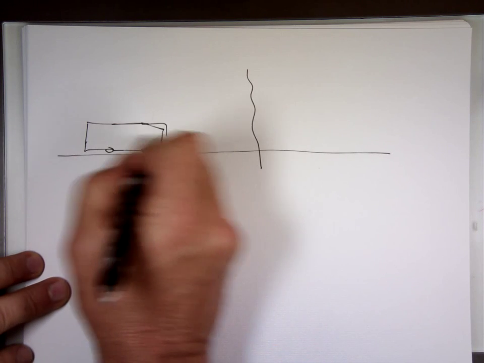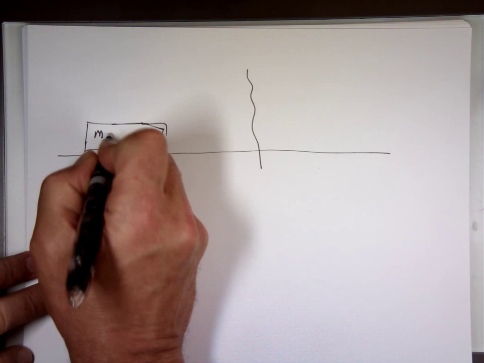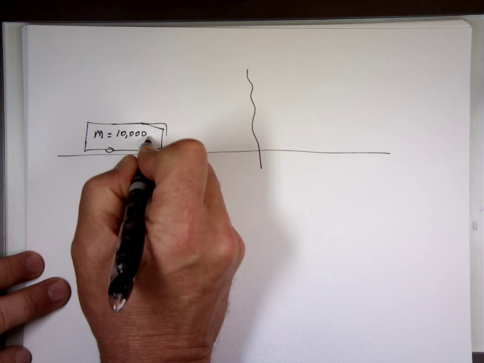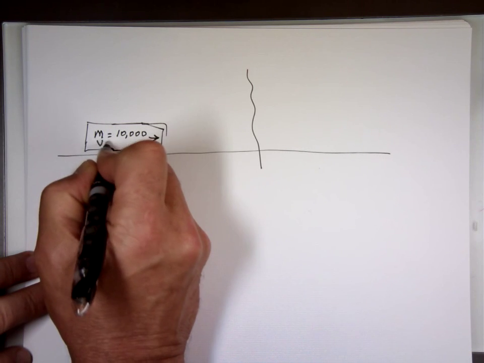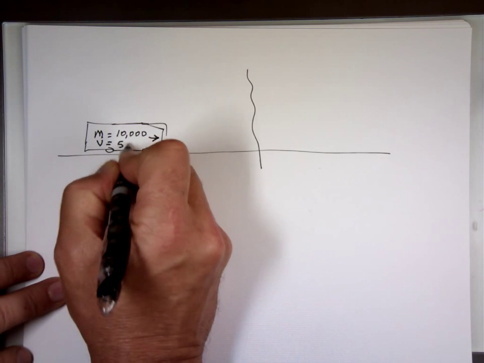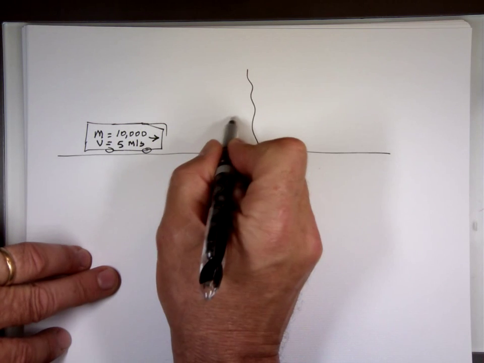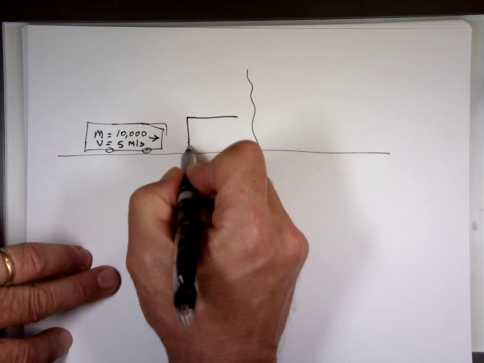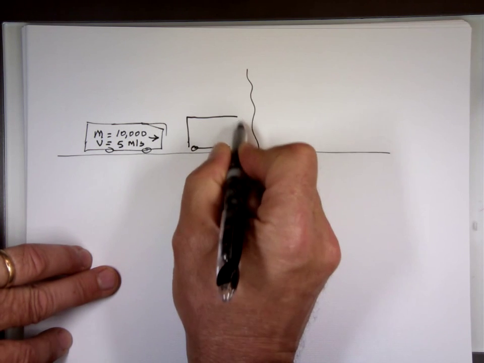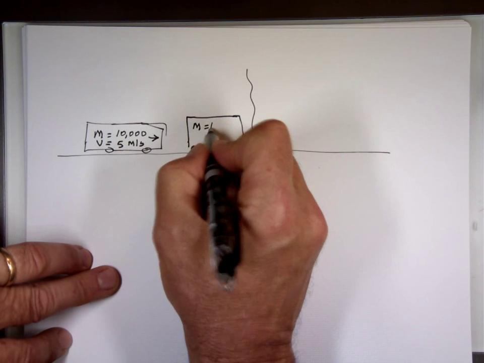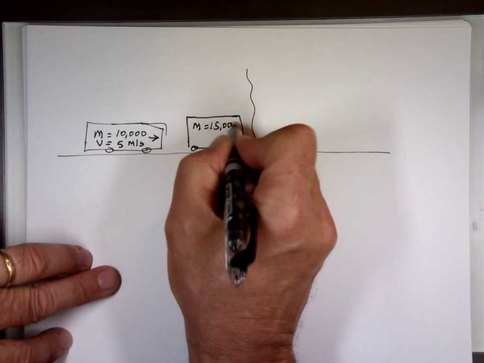One of them is moving forward, has a mass of 10,000 kilograms, and is moving to the right with a velocity of 5 meters per second. It hits another cart that has a mass of 15,000 kilograms but is not moving.